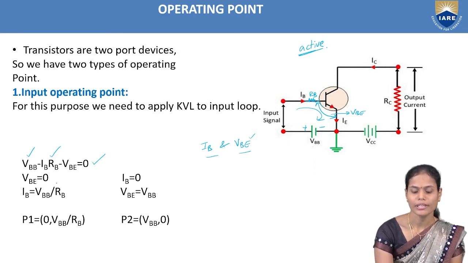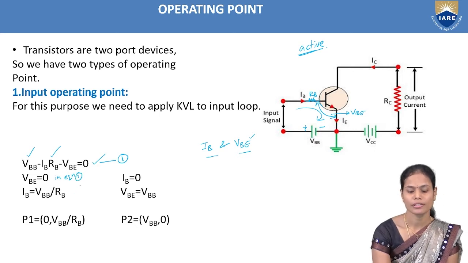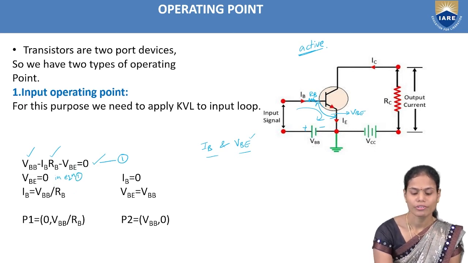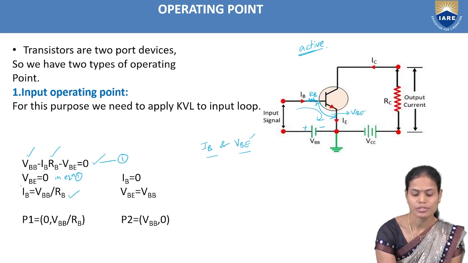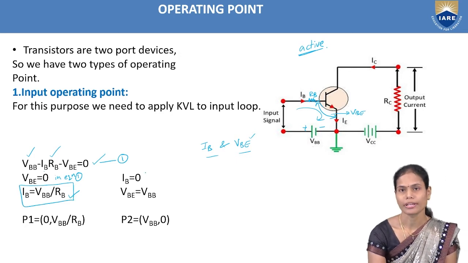To find IB, I substitute VBE equal to 0 in equation 1. Then we get IB equal to VBB by RB. So that is one of the operating points in the input characteristics.